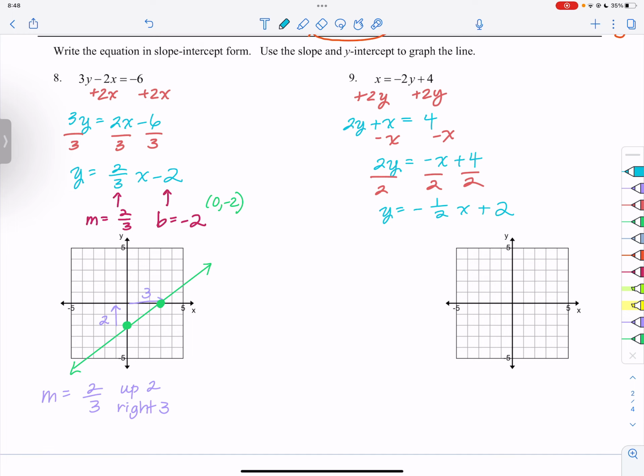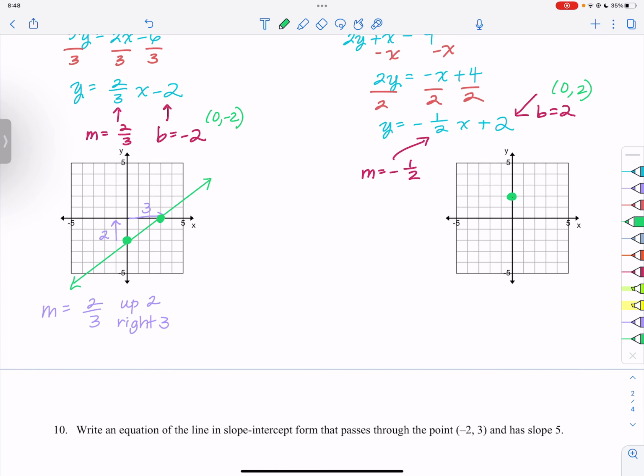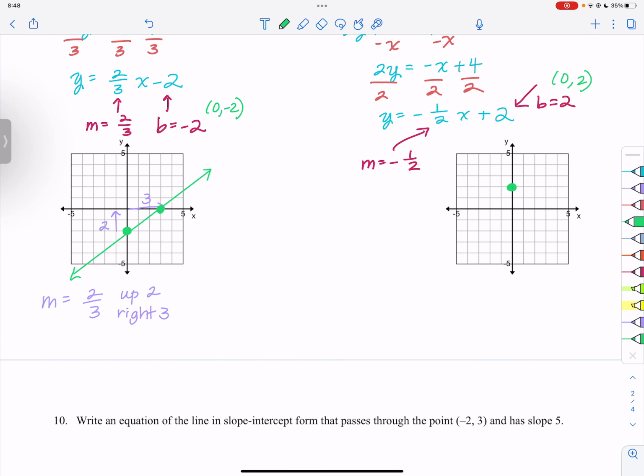So, as you can see, our slope is negative 1/2, and our y-intercept is 2. The point generated from that intercept is (0, 2). And then we will use our slope, which is negative 1/2. So we'll go down 1 and to the right 2.